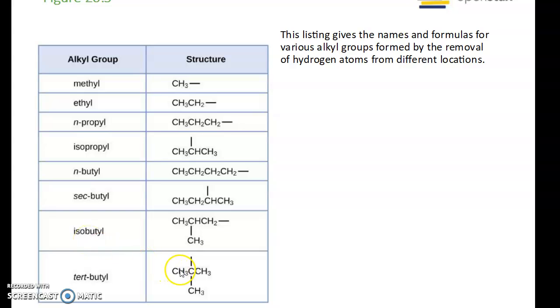And if instead of bonding to here, it bonds to this one, it's called tert-butyl. But those are some specialty things for the iso and the sec and the tert in describing where these are bonded.